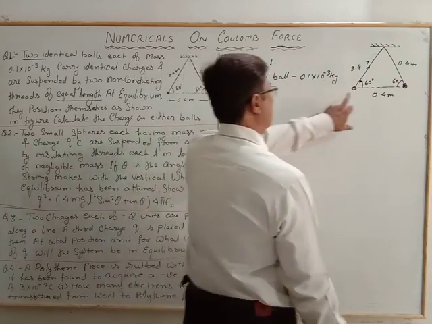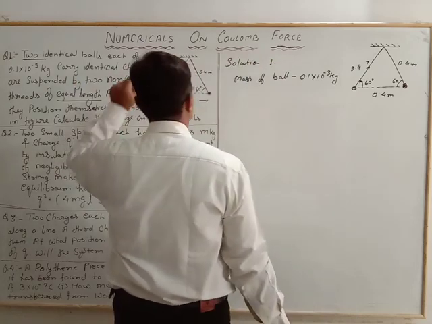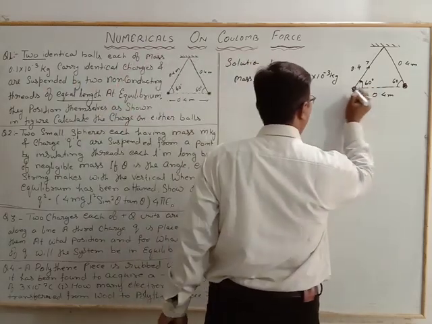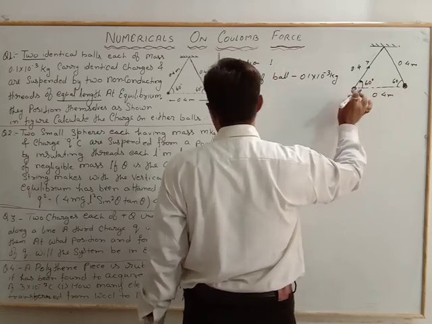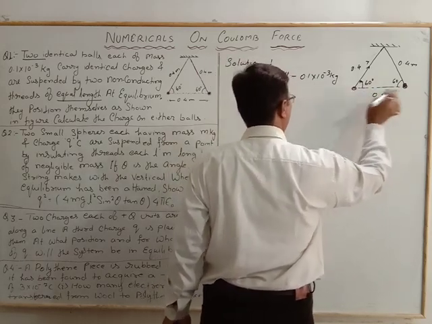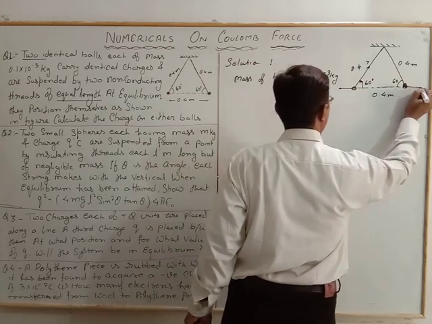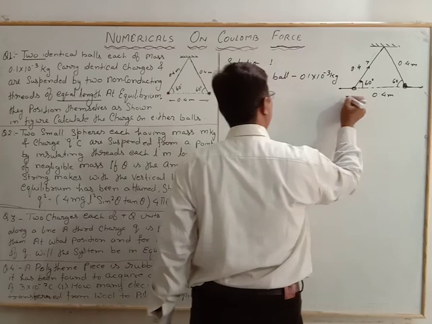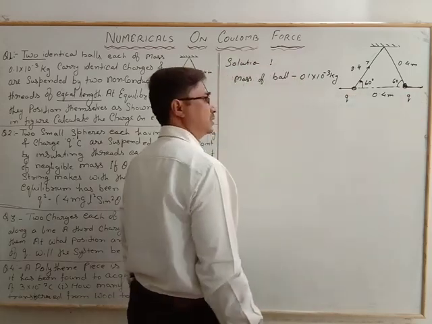Now, how many forces act between the two identical charges? One is the electrostatic force. Since both have identical charge of similar sign, positive or negative, the force of repulsion is acting here. Let the charge be Q on both.